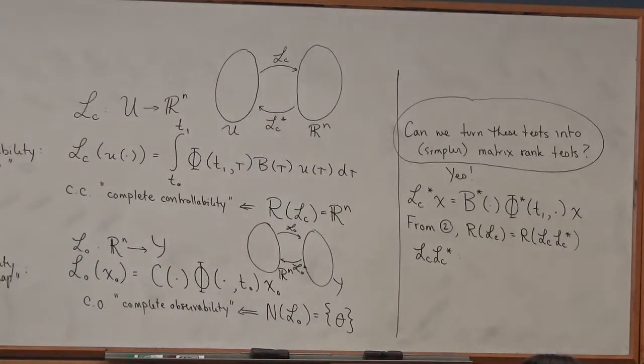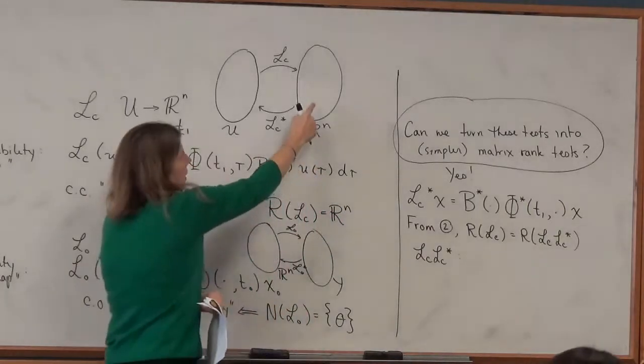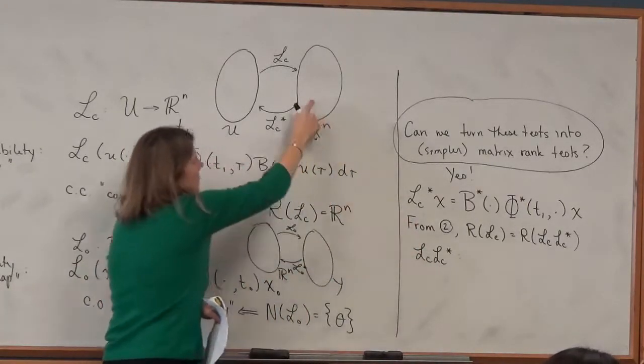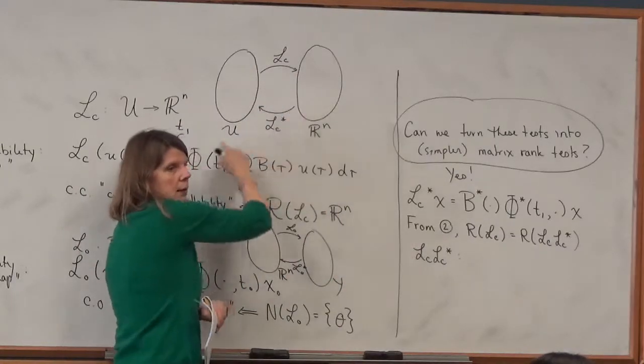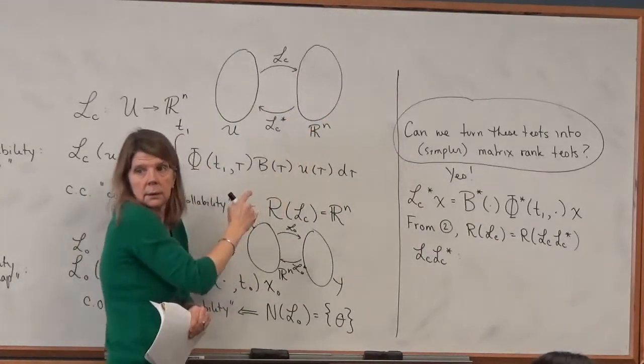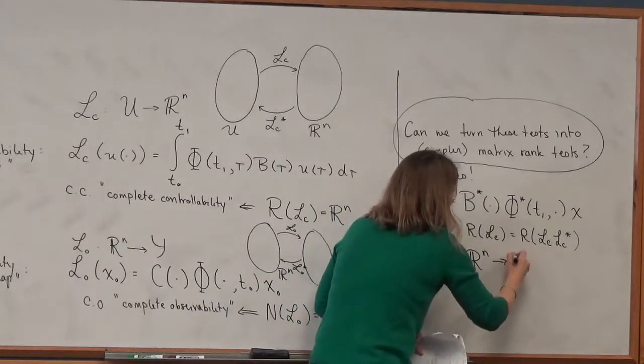You're composing those two maps, right? Rn to Rn, yeah. Look where you're starting. You're starting in Rn, you apply LC star, and then you apply LC. So you start in Rn, you go through this, you come back to Rn. All right, so it's a map from Rn to Rn.